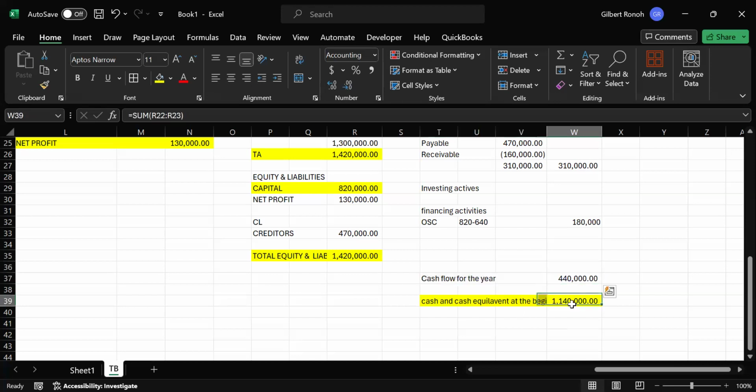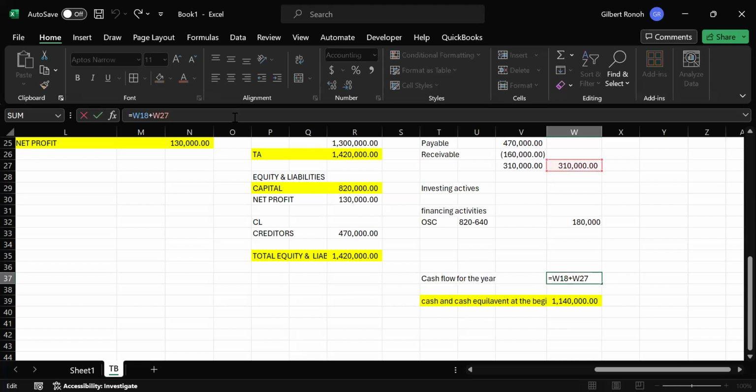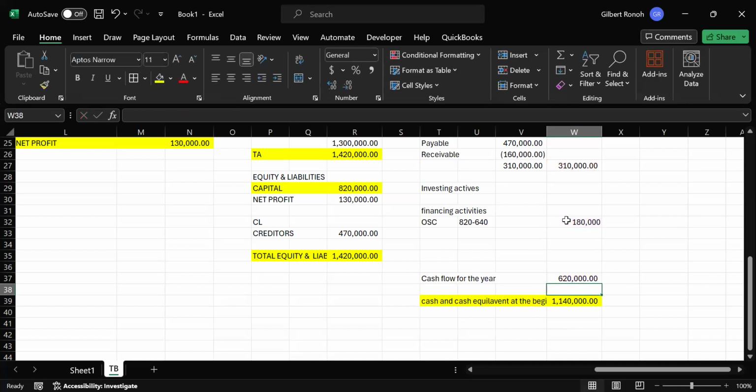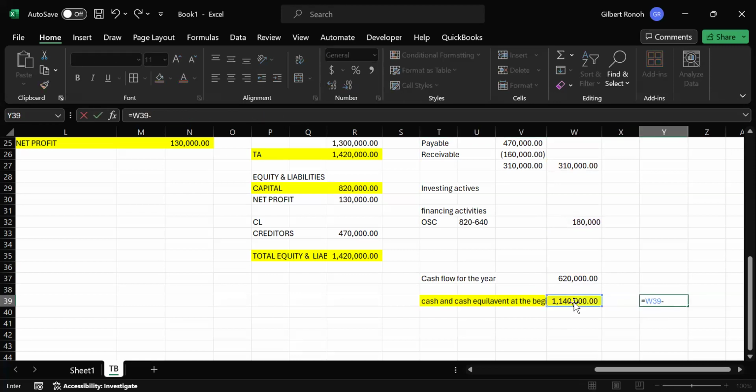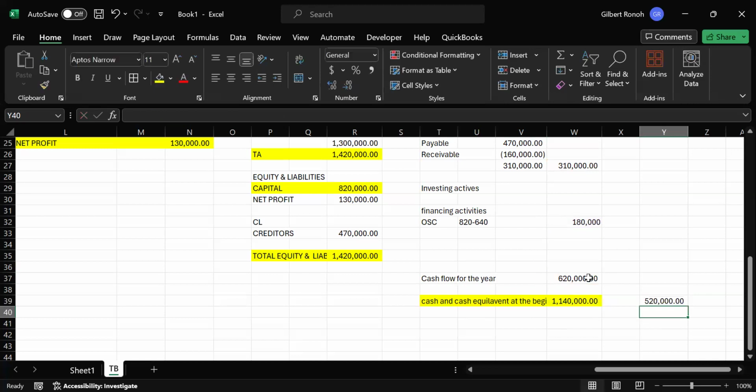This one should be the same. The cash flow for the year and the cash and cash equivalent should be the same. That's why you're having the cash flow statement. So each account should balance. The other two accounts may balance. Why is it that you are not balancing these?